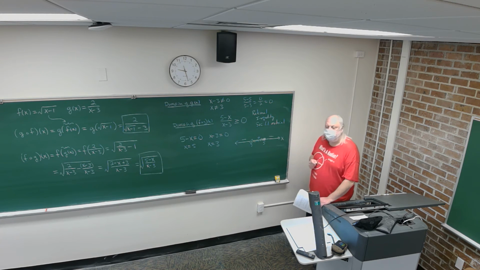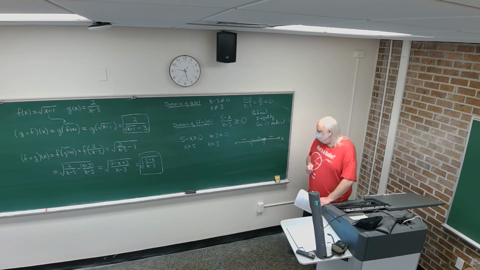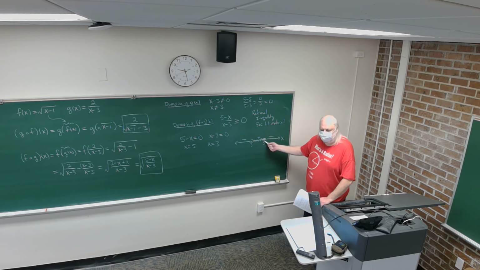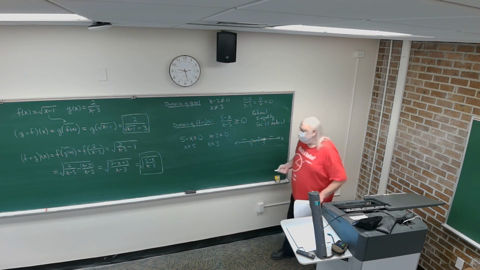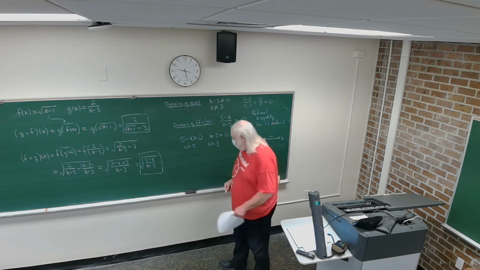So those numbers didn't work. And so the only numbers that make the left-hand side greater than or equal to 0 are the real numbers greater than 3 and less than or equal to 5. And that is the domain of our composite function.